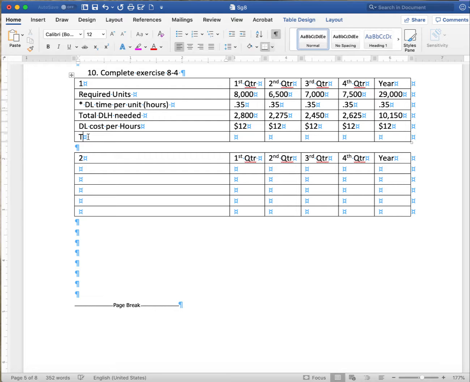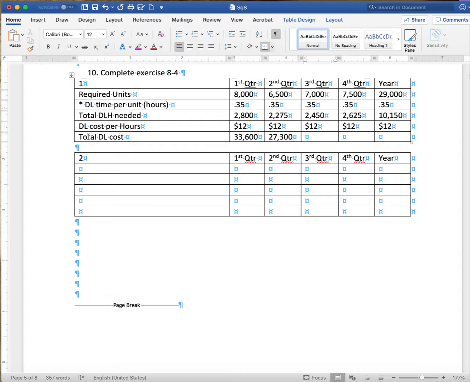So we get the total direct labor cost for the first quarter, 2,800 times 12, 33,600. Same thing for the second quarter. We need 2,275 direct labor hours at $12 per hour, 27,300.